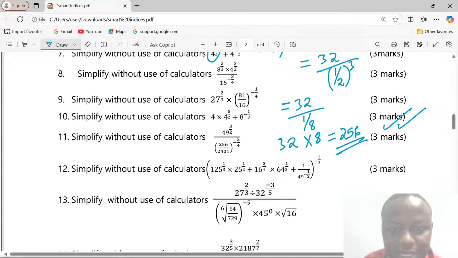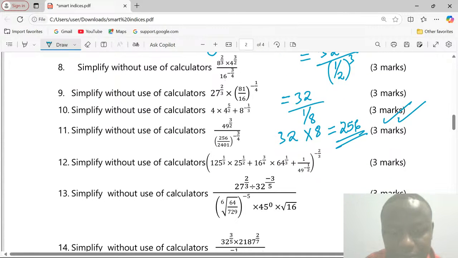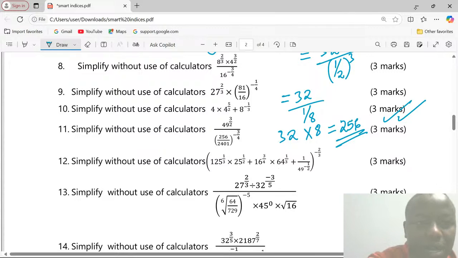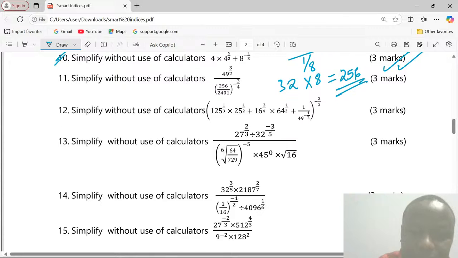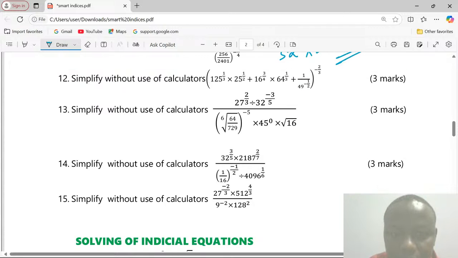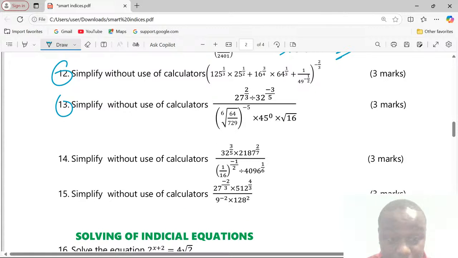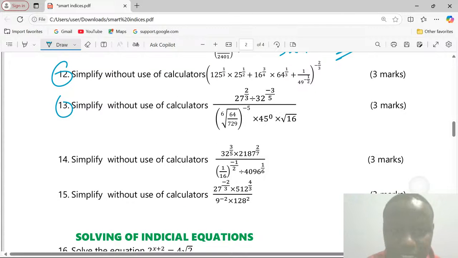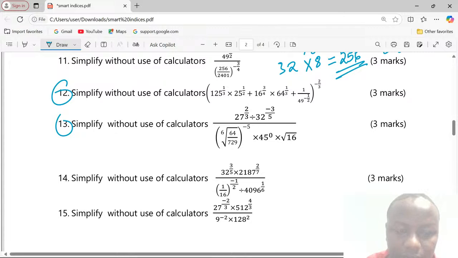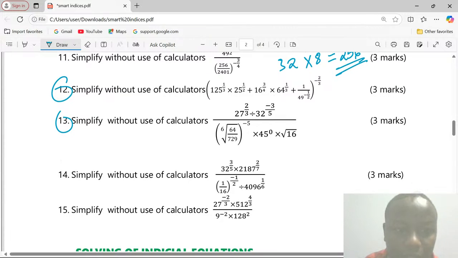Now people can solve number 9, which is a bit simple, and number 10, which is a bit simple, and allow me to proceed to a bit more complicated ones, like number 12 and 13. Then students will also take an opportunity. Before we go to the equations now, students will take time to work out the remaining problems.